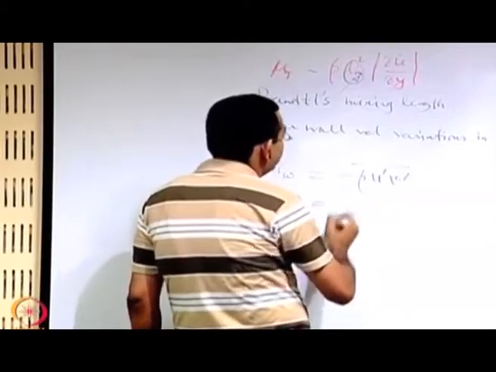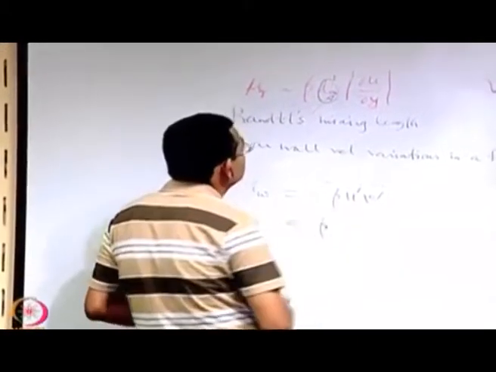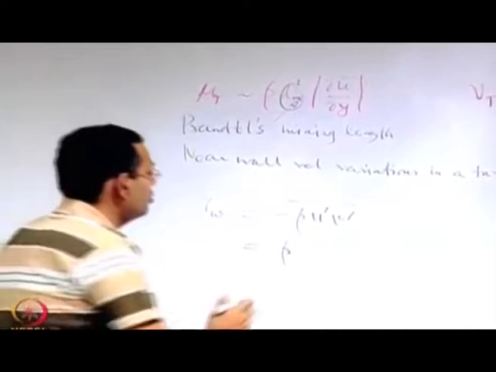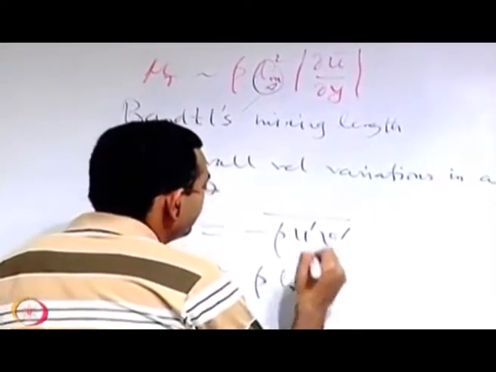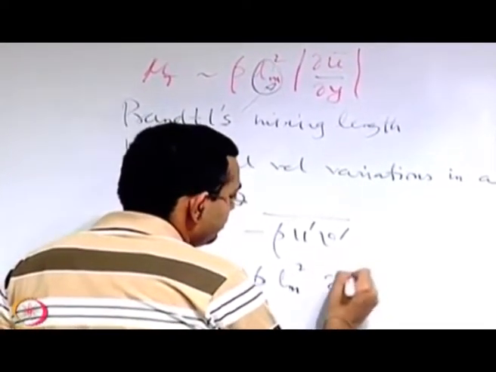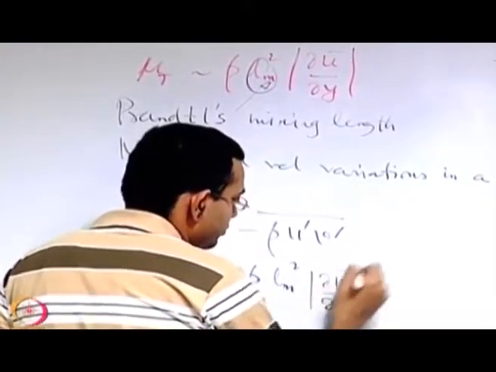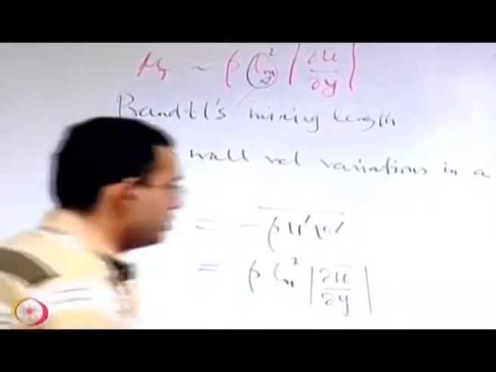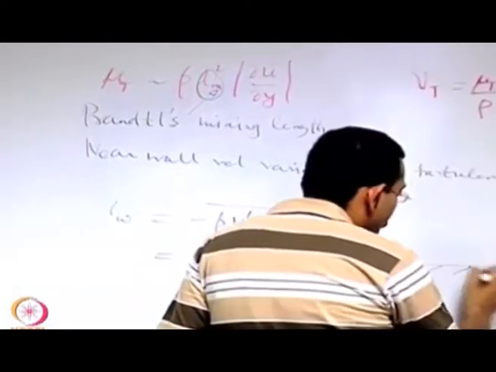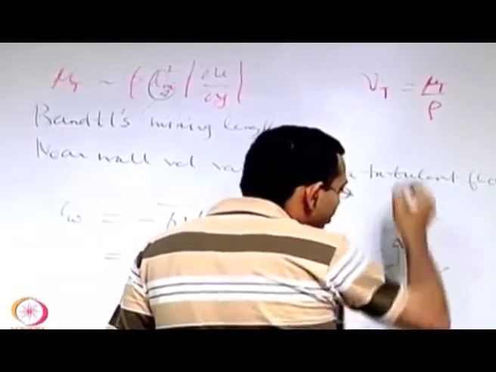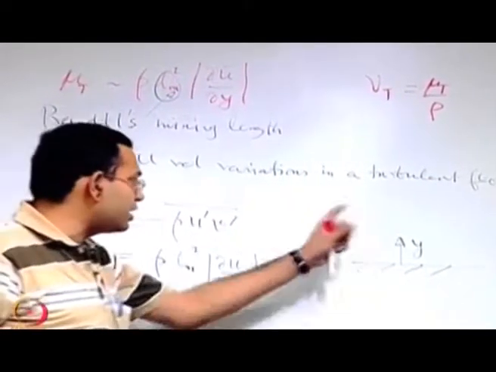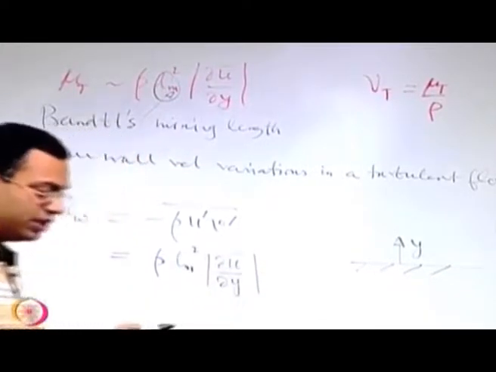maybe you can write this as rho Lm square. Now see, if you are modeling the flow close to the wall and you are going along the y direction, you know that along the y direction u increases, so du dy is positive.